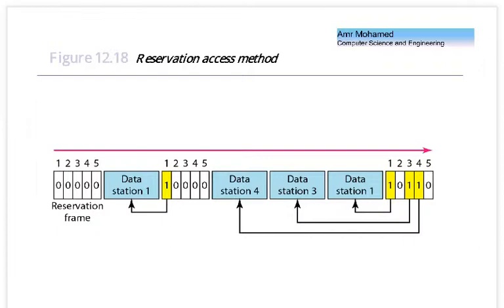What we can notice here is that the reservation mechanism can be done without having a coordinator. That is, it can be supported without having a centralized node to control these many slots or to control who will send when. And it can also be done using a centralized node.